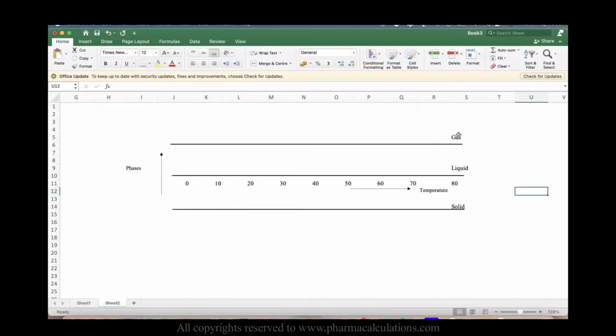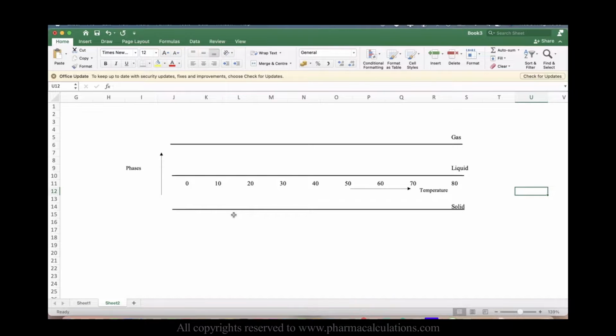The first thing that we have to understand while going into calculation is what exactly sensible heat and latent heat mean. Sensible heat refers to the energy which is required for change in temperature of a specific component, whether it is solid, liquid or gas, without any change in phase.